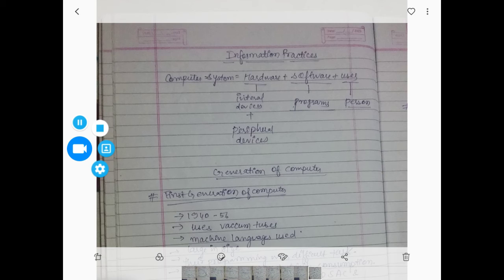First generation computers started from 1940 to 56. They used vacuum tubes and machine languages, which are very hard to implement, and machine languages are used to provide data or input to the computer. These computers were very large in size.